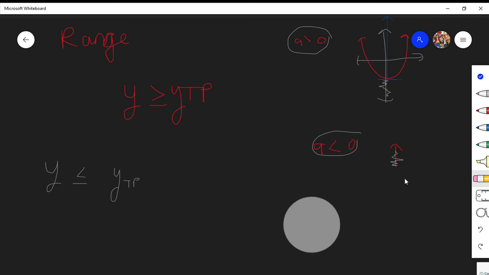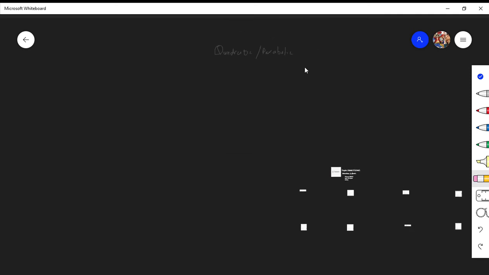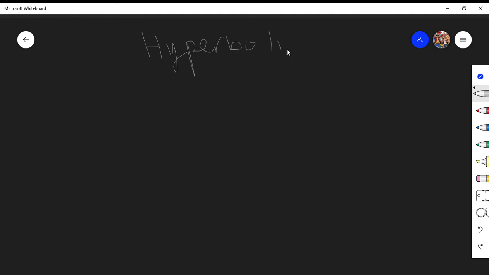Let's jump to hyperbolic functions. When dealing with hyperbolic functions, we know that the formula for a hyperbolic function is always y is equal to a over x minus p, plus q.